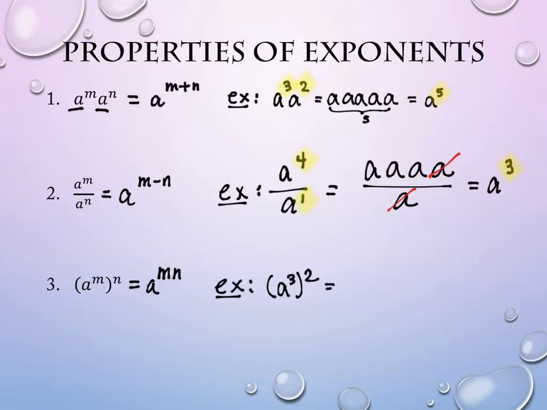All right, so a cubed means a times a times a. And then squaring that means doing that a times a times a twice. And how many a's did that end up leaving you with? There are 6 of them, so this is a to the 6th as opposed to a to the 5th, which is what we had before. And how do you get from 3 and 2 to 6? You have to multiply, right?